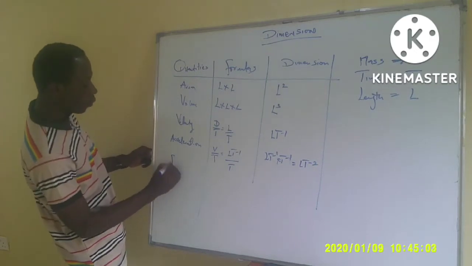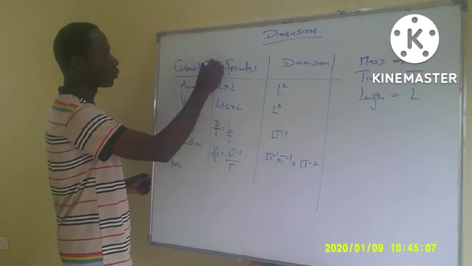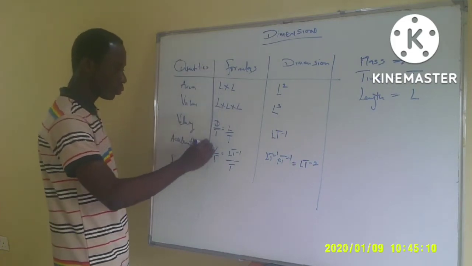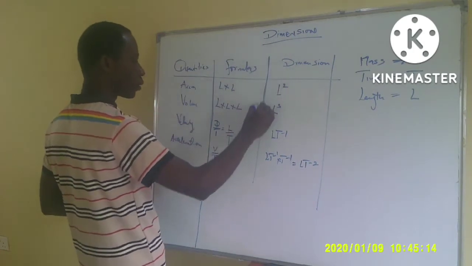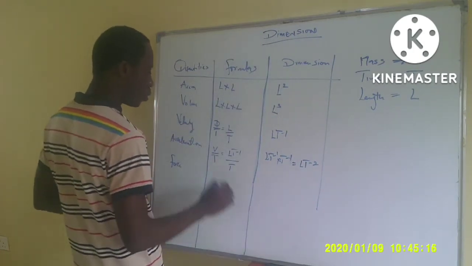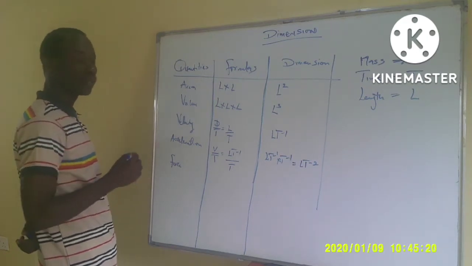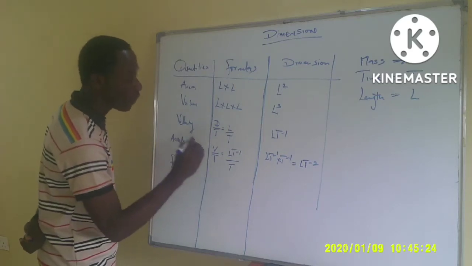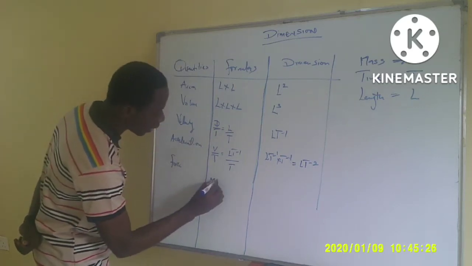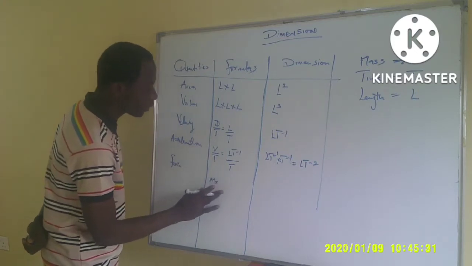Now we're going to force. Dimension of force. Force is mass times acceleration. So what's the dimension of mass times acceleration?